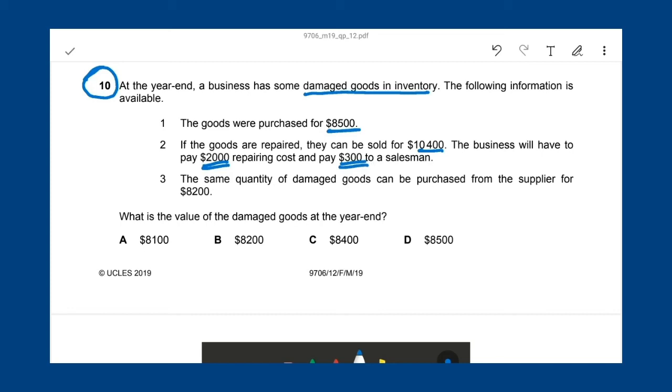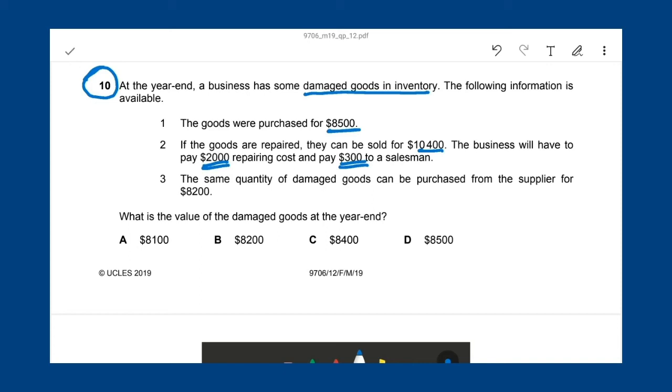Then the same quantity of damaged goods can be purchased from the supplier for 8,200. So what is the value of the damaged goods at the year end? What is the actual value?